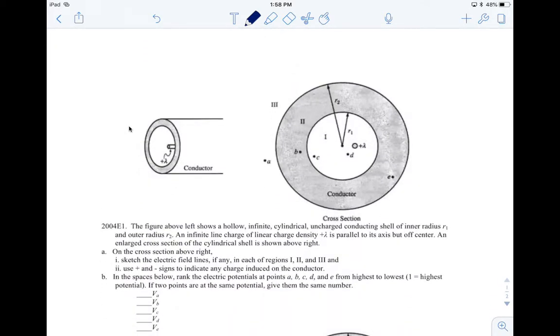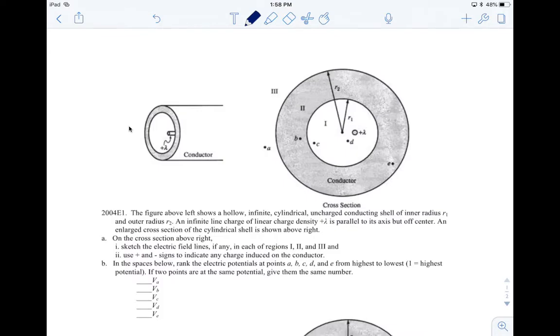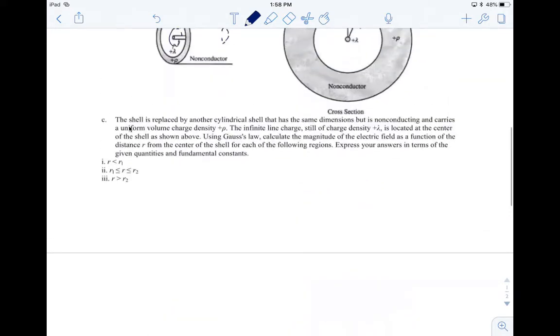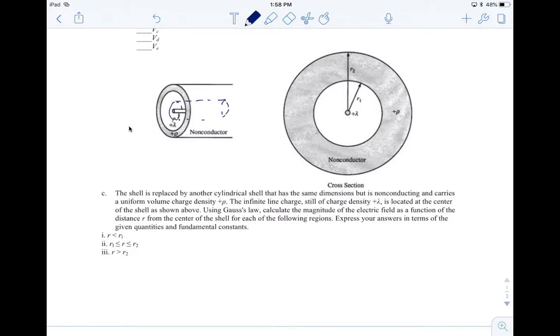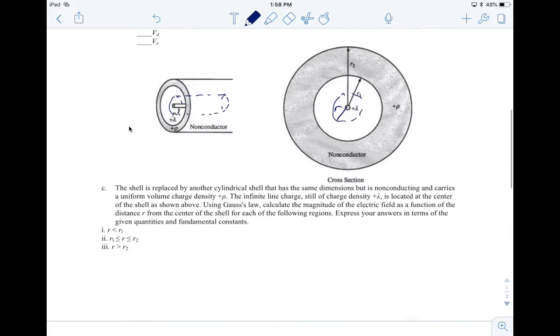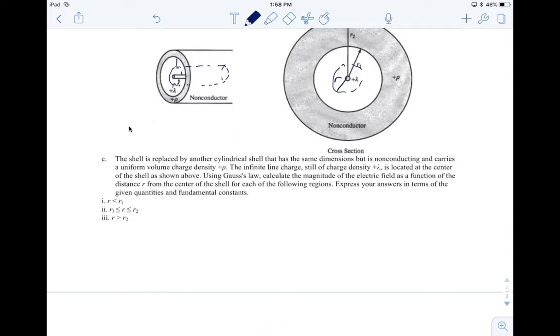They tell us that these are infinitely long, so we're just looking at a piece of it. So we need to have defined dimensions for our Gaussian surface. It's going to have radius of little r and length of L.